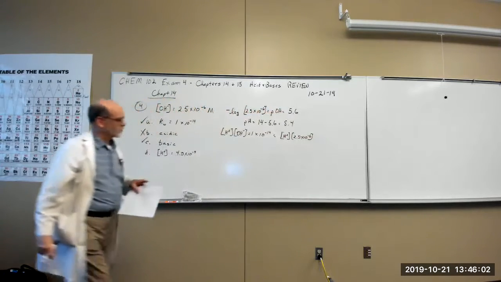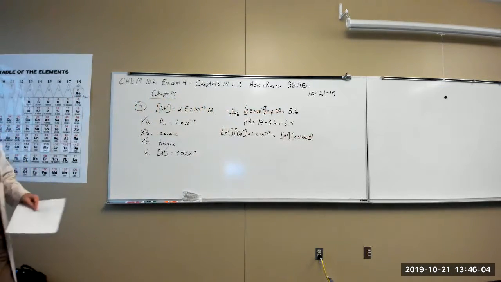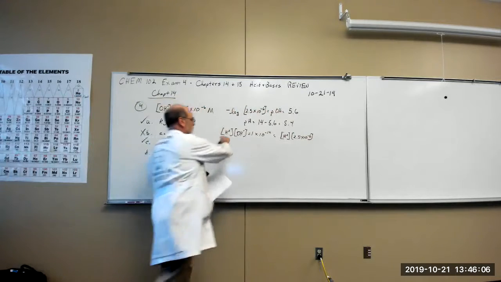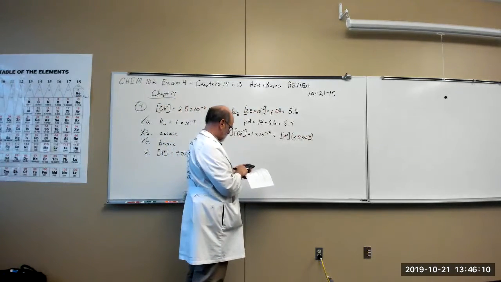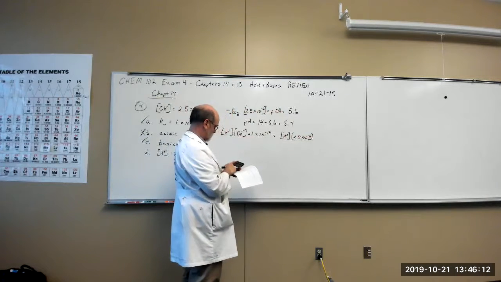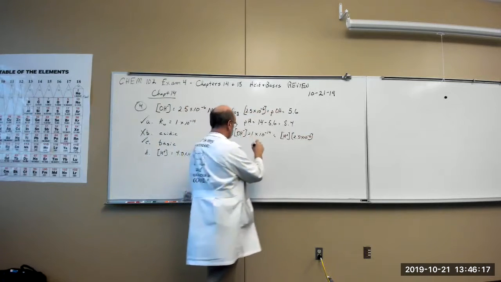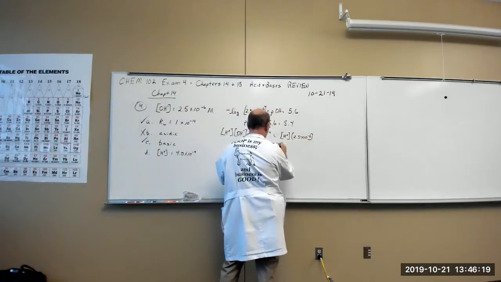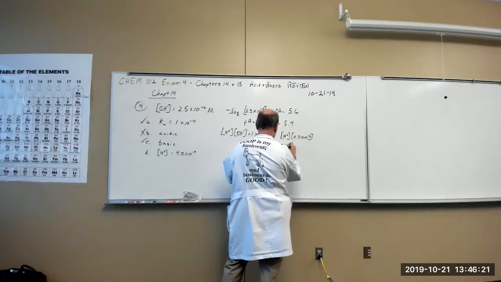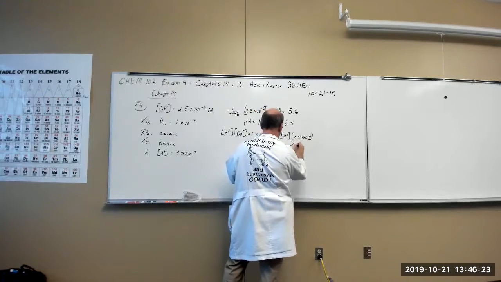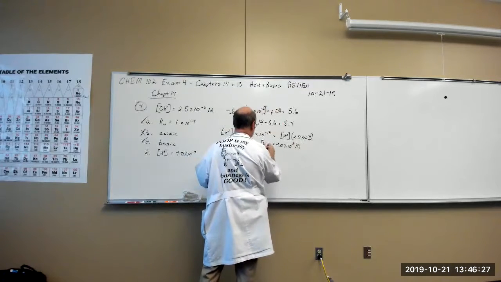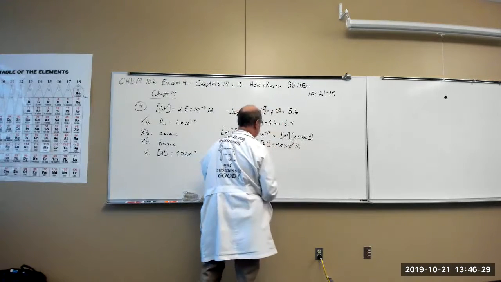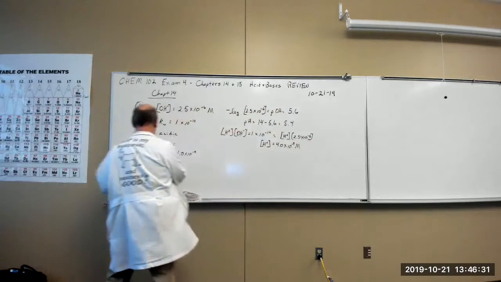So if we do it this way, then we would say 1 exponent 4 and then 2.5 exponent 6 divide. And that's 4 times 10 to the minus 9. All right, so that checks.